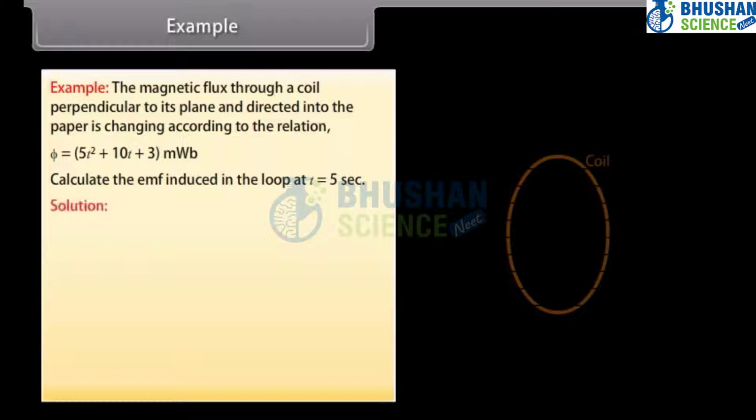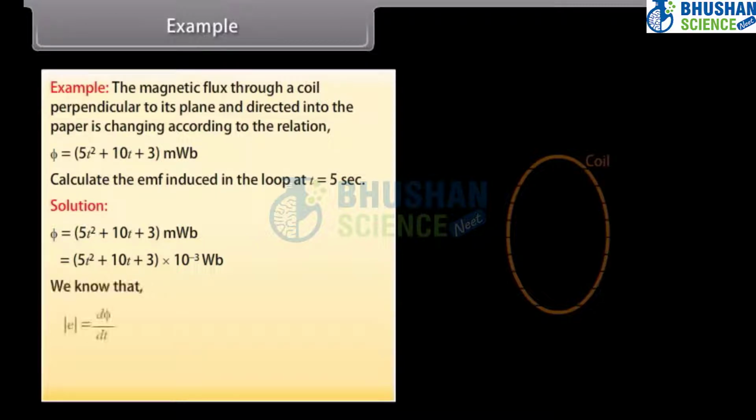Let's see the solution. Given Φ = 5t² + 10t + 3 mWb, it can be written as Φ = (5t² + 10t + 3) × 10^-3 Wb. We know that E = dΦ/dt.